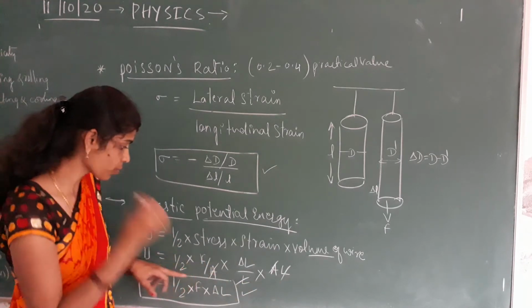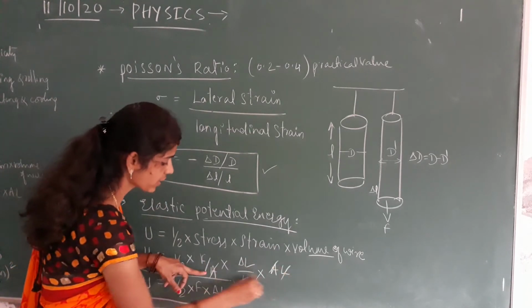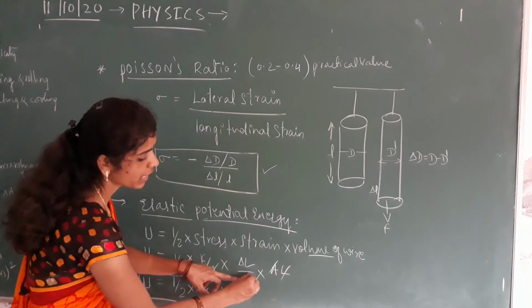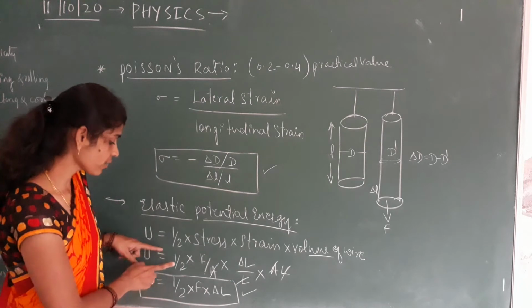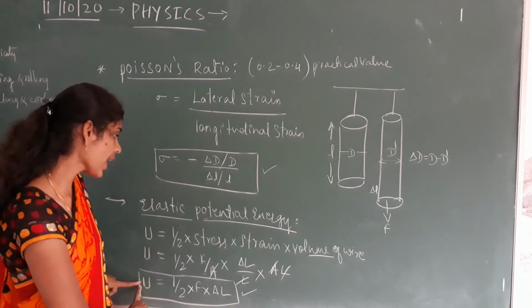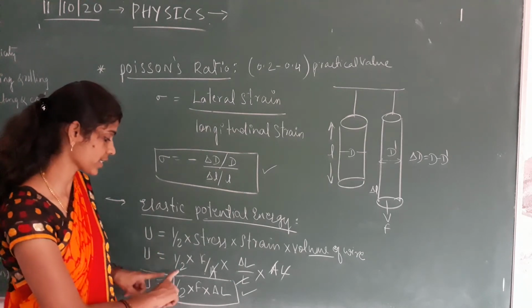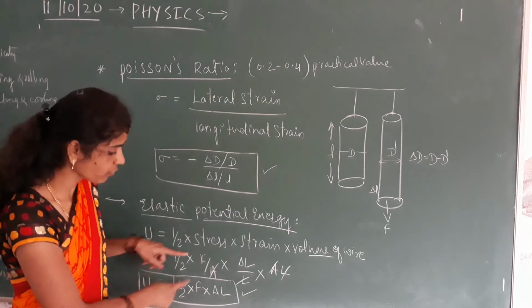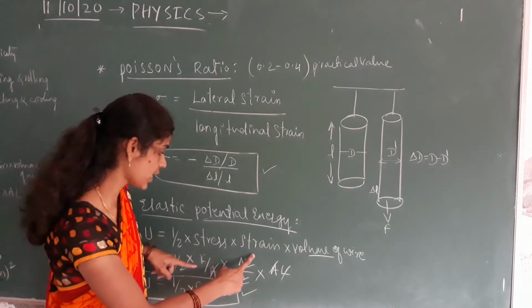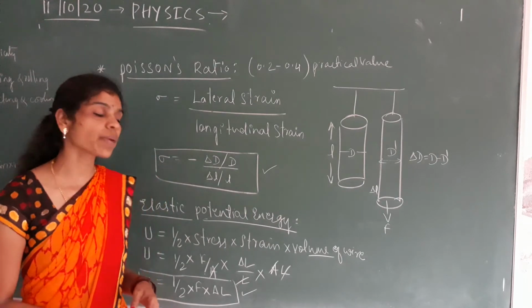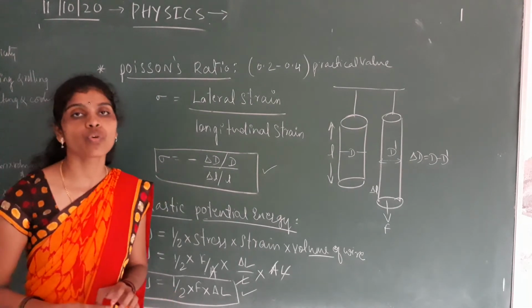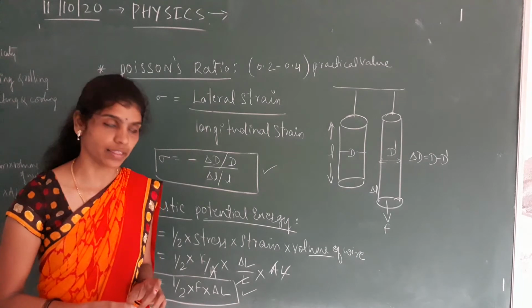In this formula, the area factors cancel each other, and the length factors cancel each other. After that, what remains is half force and delta L, so elastic potential energy is given by the formula half force into change in length.